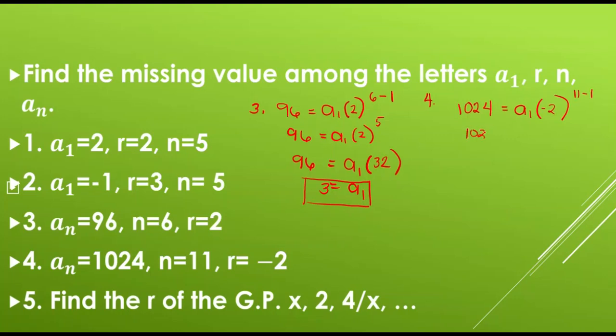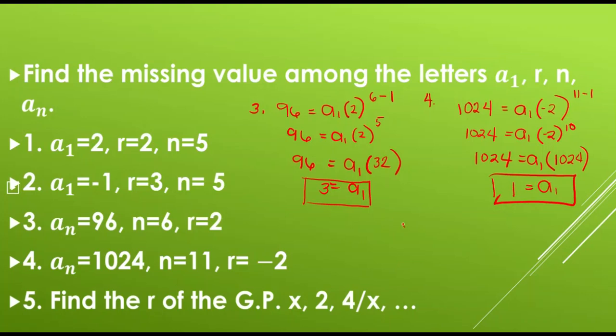So 1024 is equal to a sub 1, negative 2 raised to 10. Negative raised to even is always positive. Then 2 raised to 10 is 1024. Then divide both sides by 1024. Your a sub 1 is 1. Very good.